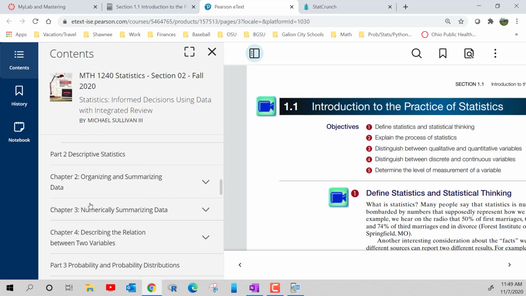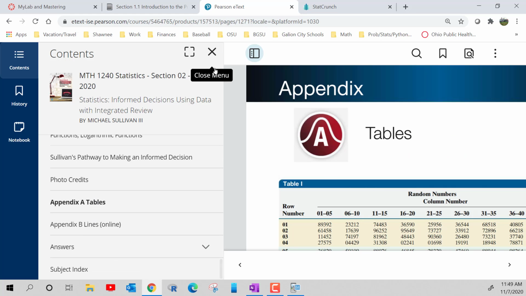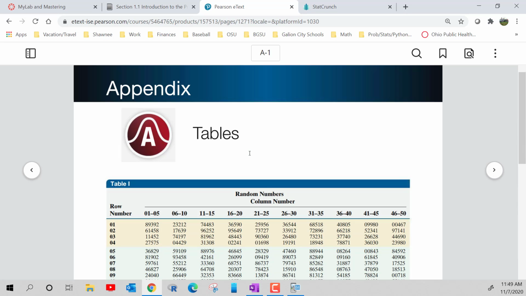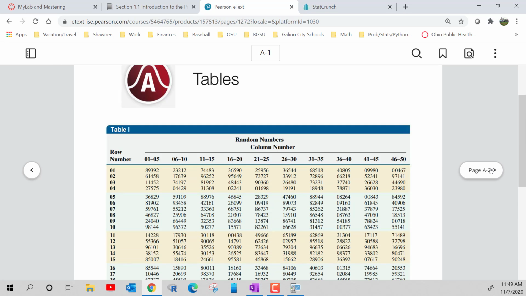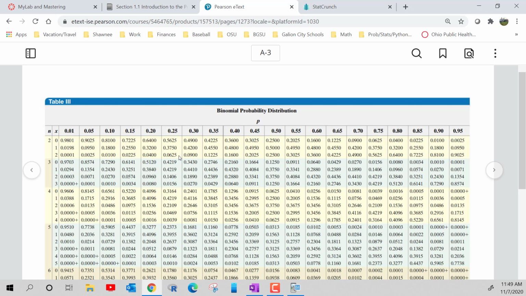Go to the menu, go to Appendix A, and we were looking at Table 3. So we were trying to find the probability that x is greater than 3, and my n value was 7.